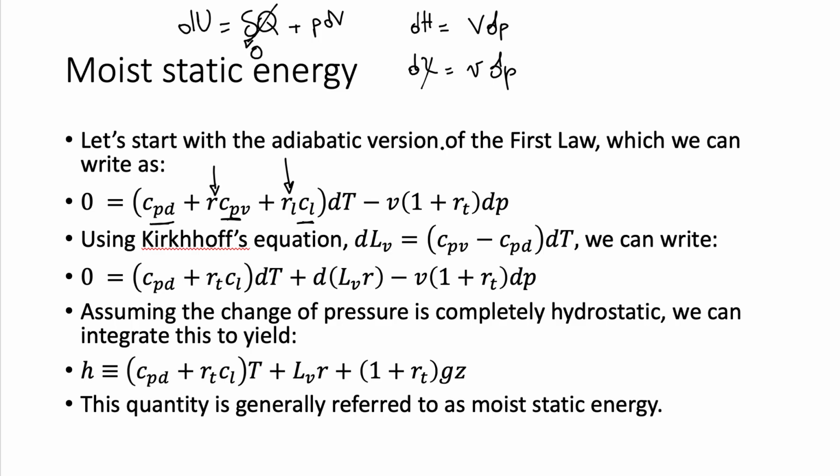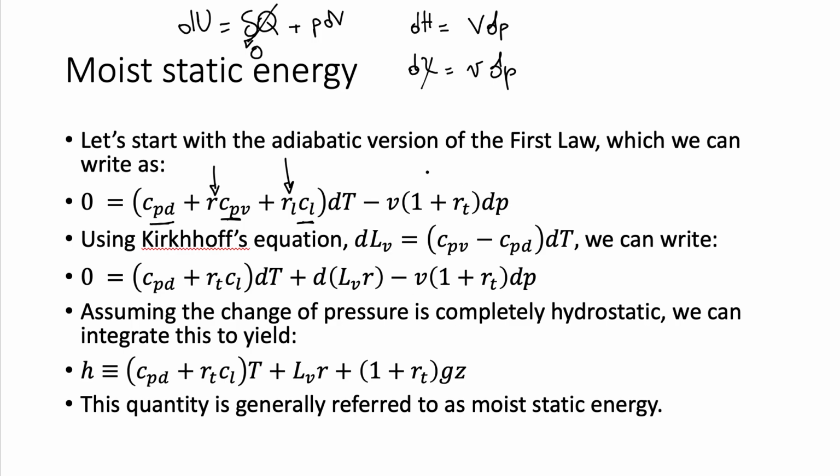If you remember a few classes ago, we had talked about Kirchhoff's equations that told us how latent heat changes with temperature and how that depended on when you have phase transitions and how that depended on specific heat capacities at constant pressure. Okay, and so we can plug that in, and if you substitute it in, then you can write this simple equation.